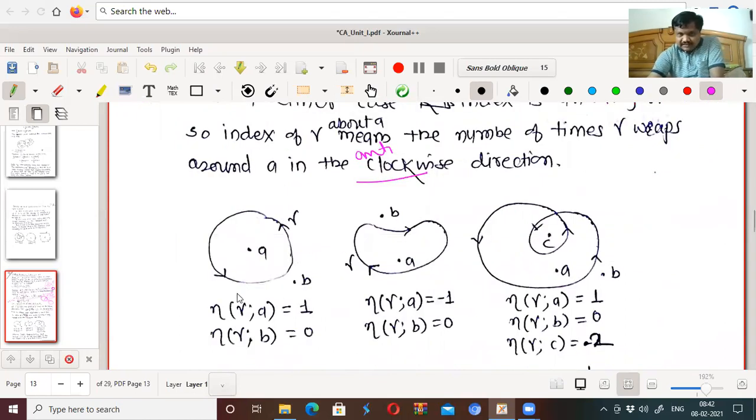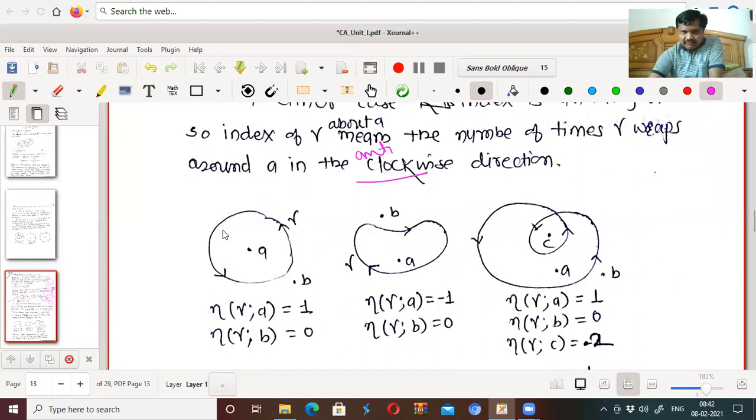In this case, your point A is inside gamma and point B is outside gamma. So the number of times gamma wraps around A is 1. Therefore n(γ, A) is equal to 1, that is, the index or winding number of gamma about A is 1.